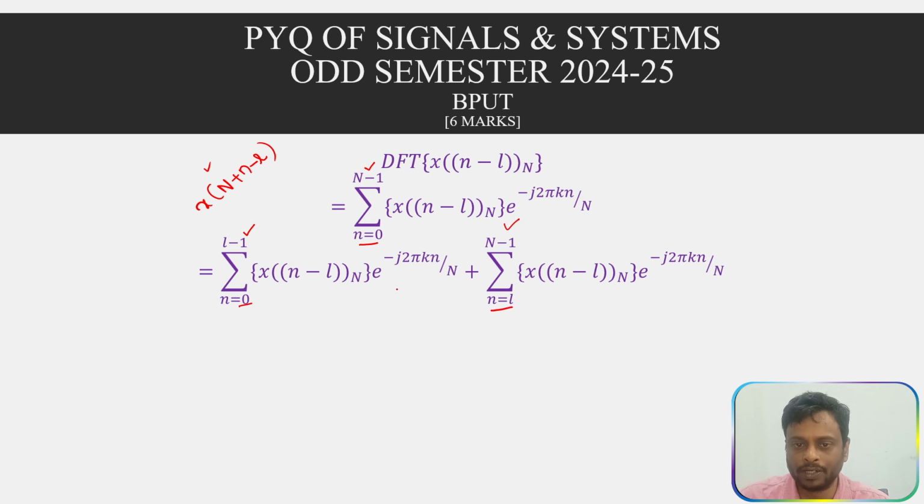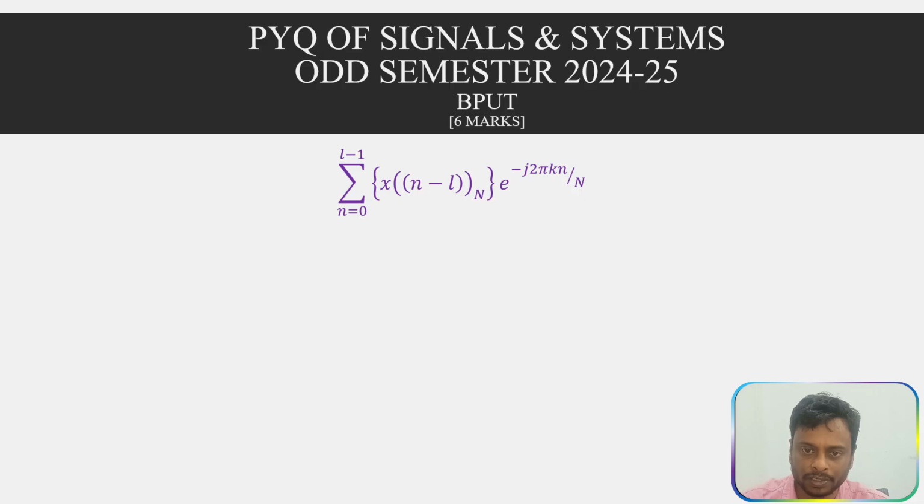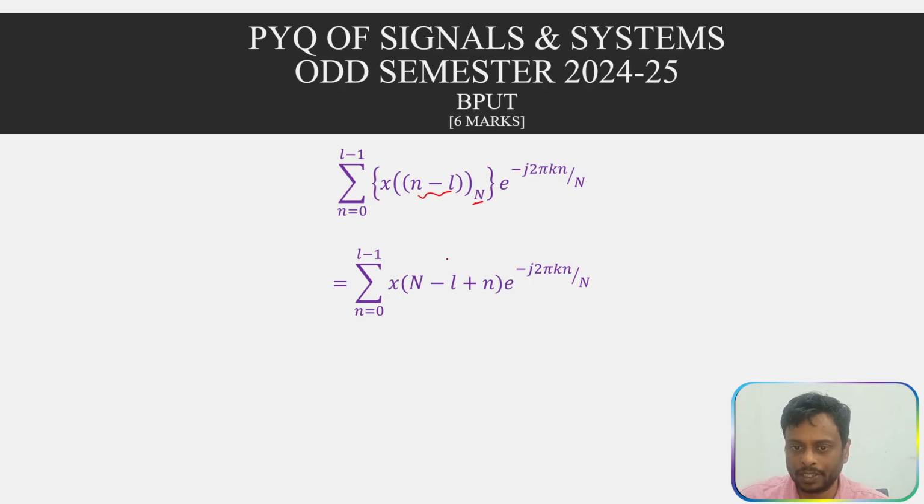Together it will have 0 to N minus 1. So this is part 1 and this is part 2. We will separately find out part 1 and part 2, then we will add them. Now this is part 1. So in place of x of n minus l mod N, we can write this one.